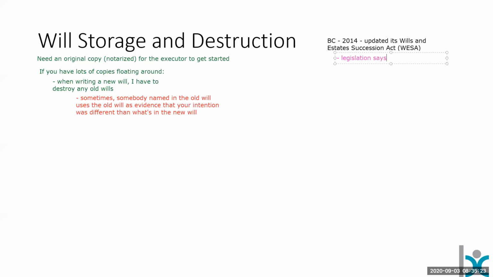So the legislation says a will drafted outside of British Columbia is not by default going to be accepted in BC. So really that means the courts have to see the will in order to accept it. And that's where typically they will, okay? However, it is something to review.